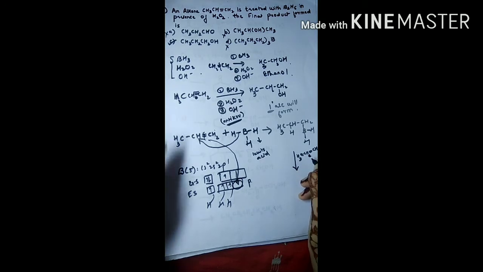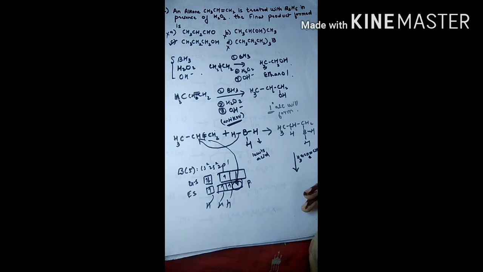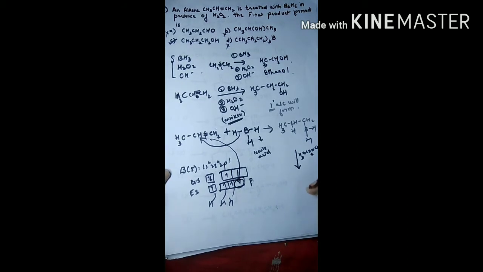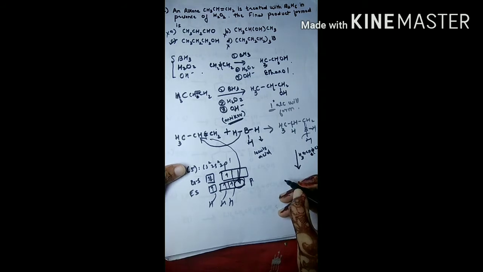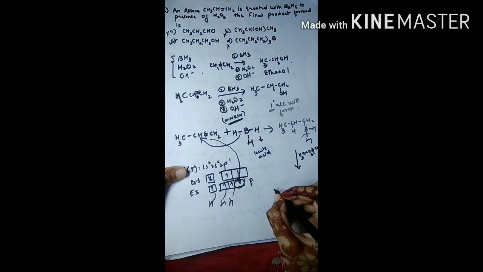Now similarly the pi bond will break and the BH2, that is attached to the propane, will attack here and one of the hydrogens gets attached to the left side of the double bond. A similar process will take place as in the first step. Okay, so what we get is this.